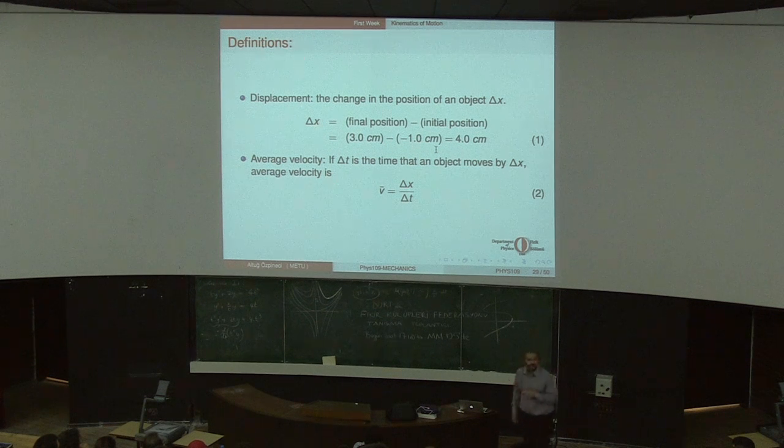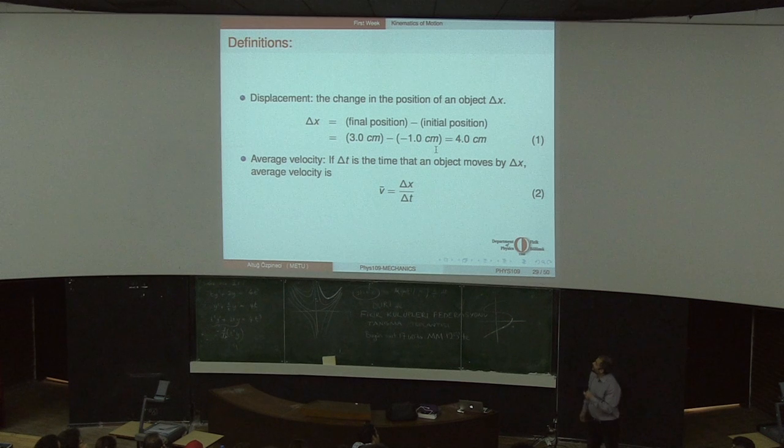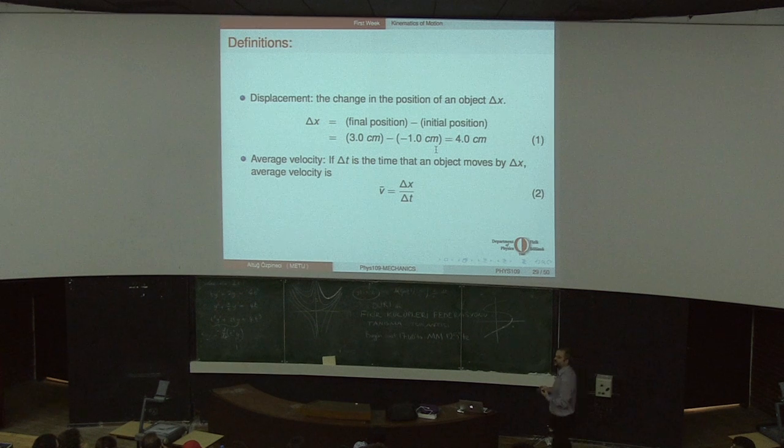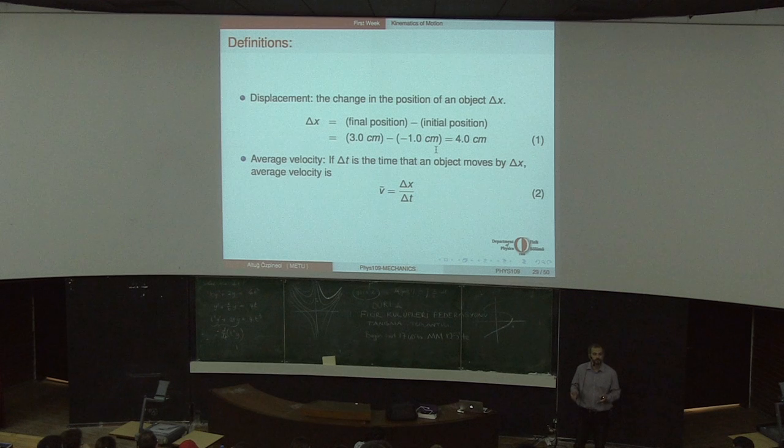Okay, so I know the displacement. Then the average velocity. Well, velocity, what we want to measure is how fast the object is moving, how fast it is changing its position. The amount of change itself doesn't really tell me how fast the object is changing, because if I consider a slowly moving object, its position will be changing slowly, but if I wait long enough, it will be displaced a larger distance.